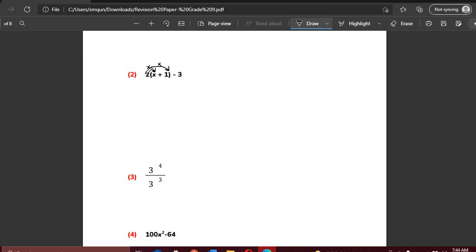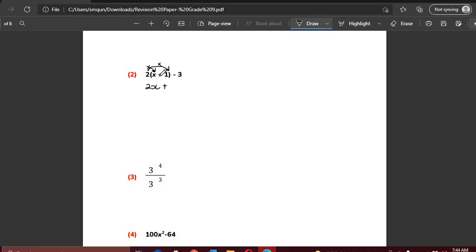Okay, so the first one is going to be 2 times x. That's going to give us 2x. Because we know once a number is being multiplied by a variable, it becomes the coefficient. So you would put the coefficient in front of the variable. So 2 times x is the same thing as 2x. All right, another thing as well, you need to ensure that you rewrite the same operation sign that is in the pair of brackets.